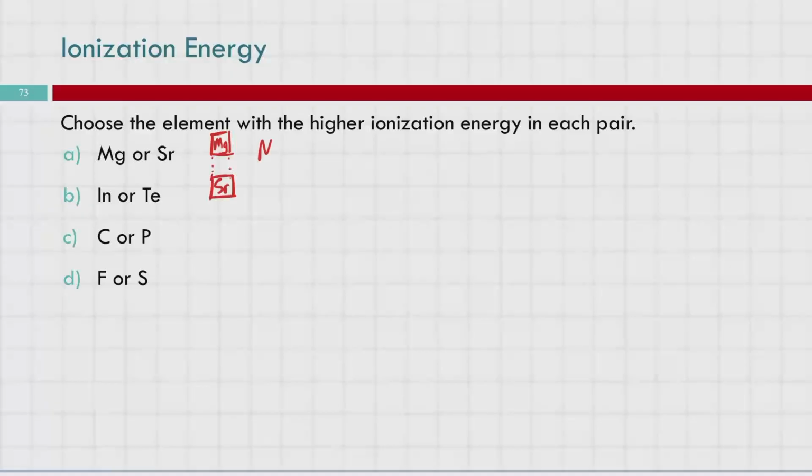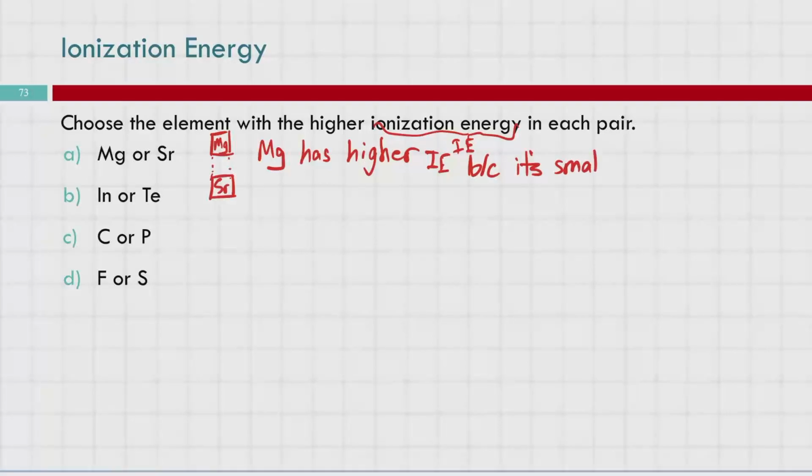Mg. And I'm going to abbreviate ionization energy, IE. In this case, we can think of it because it's smaller. It's got fewer shells on it, so the electrons are closer. It's harder to remove them.